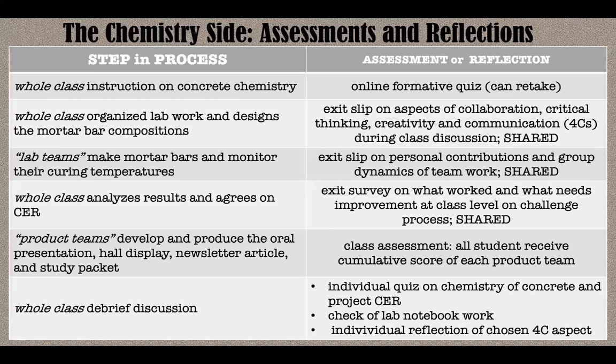And then they do a reflection where they pick one of the four C's that they really want to work on. Like if they were a leader, they might pick a particular rubric that the school has for being a responsible member of a group, or being a leader, or being a good communicator, or being a critical thinker.